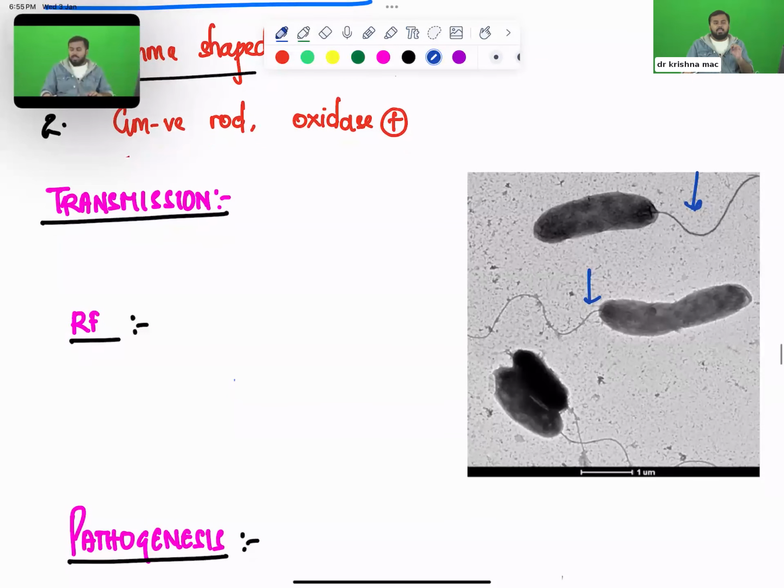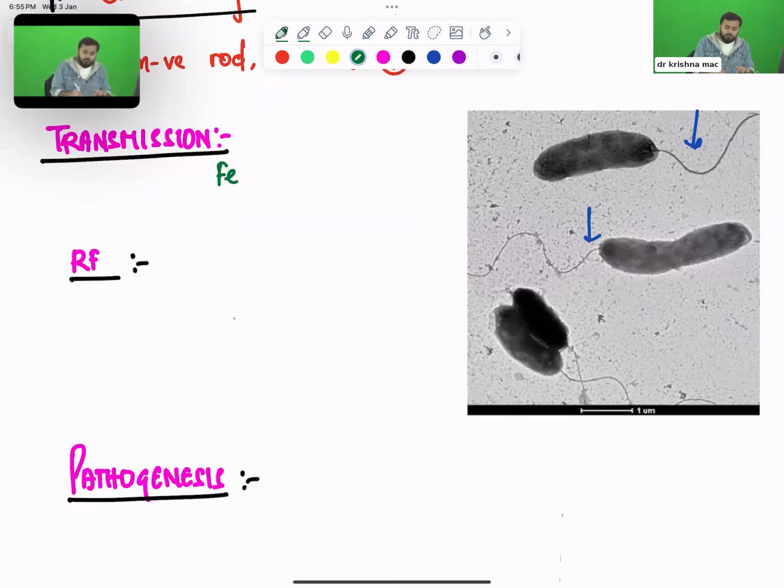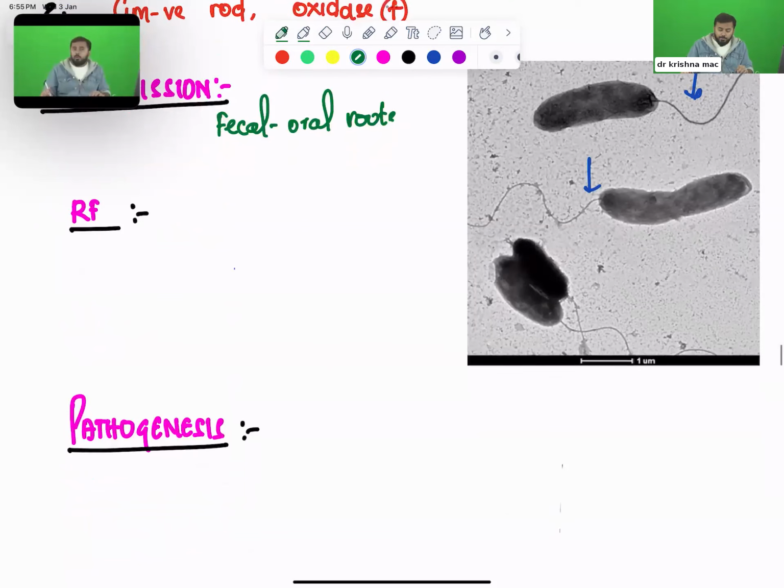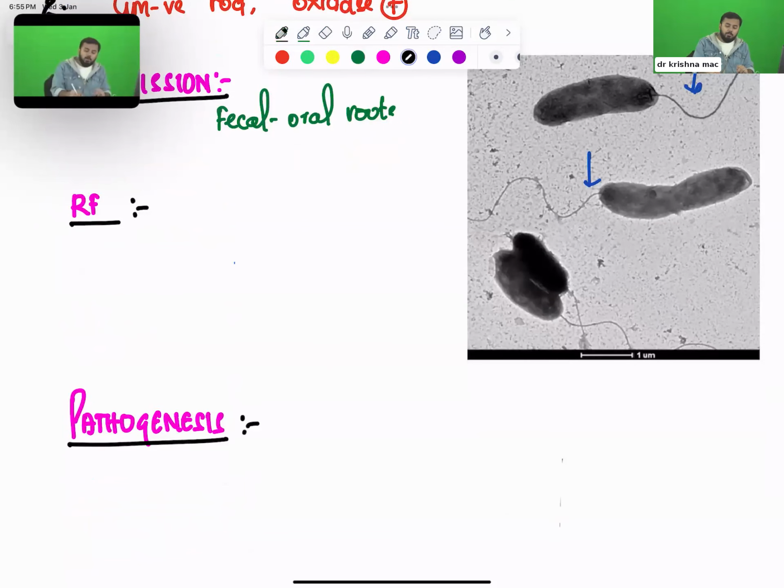Again, any kind of diarrhea problem, any kind of vomiting, the transmission all the time will be fecal-oral route. So most of the time you will see fecal-oral route of transmission. Okay. How are you going to get Vibrio cholerae? Vibrio cholerae is not present in your body as a normal habitant, right?